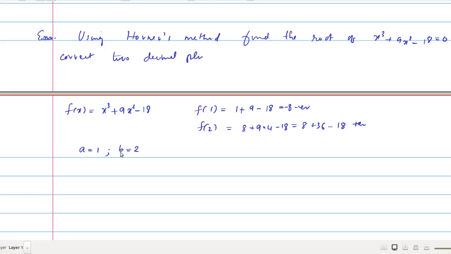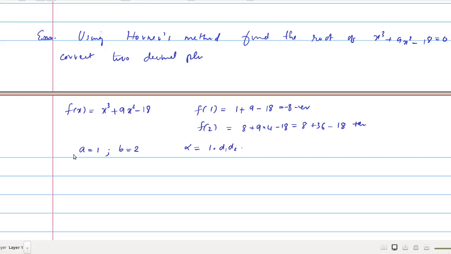So these are the two consecutive integers. So we can set our alpha, our real root, as something like 1.d1 d2 d3 d4 etc. Okay, in order to find the root correct to 2 decimal places, we need to set alpha as 1.d1 d2.